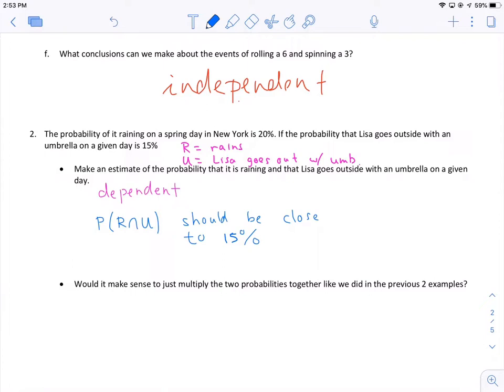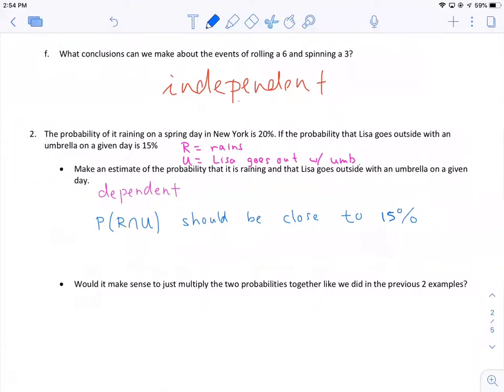Does that make sense? I hope that makes sense. It's kind of hard. I think a lot of you have questions right now. But the probability that it rains and that she takes an umbrella out should be close to 15%. Because if it is raining 20% of the time, on those days that it rains, she is very, very likely to be going out with an umbrella.